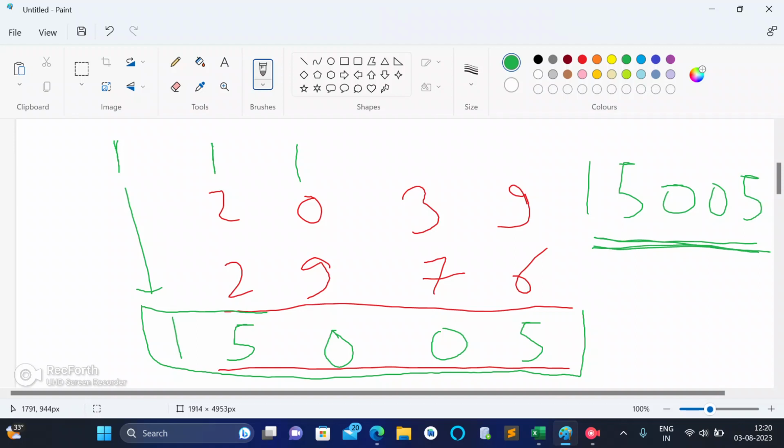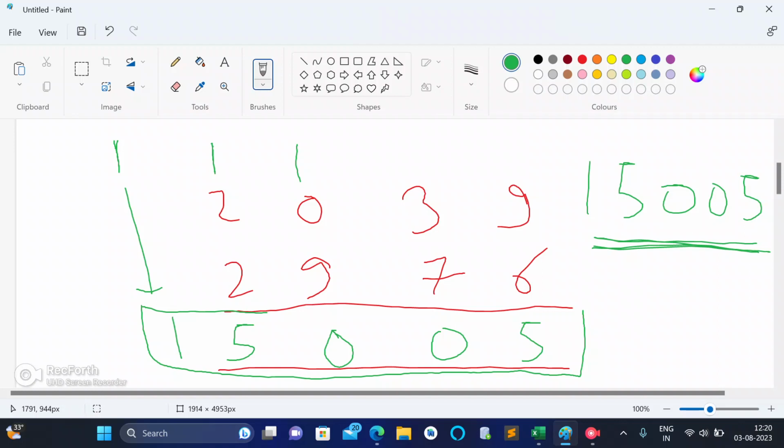So what we need to find in the question is this: using this method of finding the sum, we can represent 15005 as the sum of two numbers, 2039 and 2976.